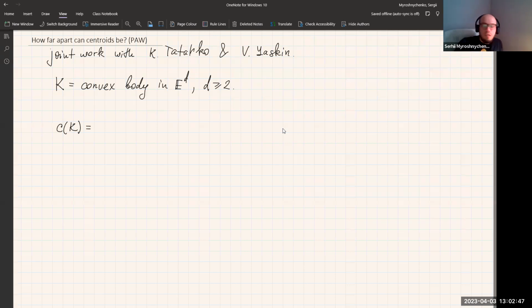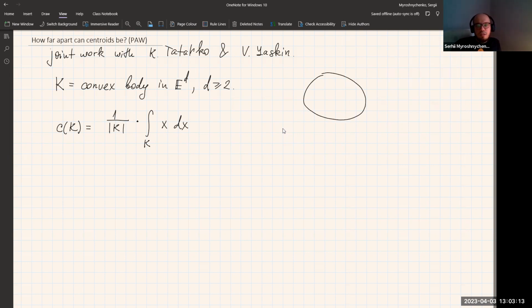What would be the centroid of a convex body? The centroid of a convex body is like an average of the coordinates of the points inside of the body. So the definition would be 1 over the volume of the convex body times the first moment with respect to the Lebesgue measure. So we take the average of all those coordinates. This is a vector. If your convex body is something like this, the centroid will be a point somewhere in the middle, in the interior, of course.